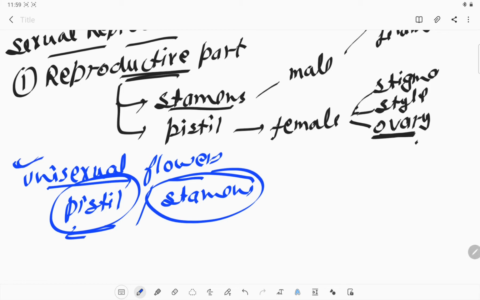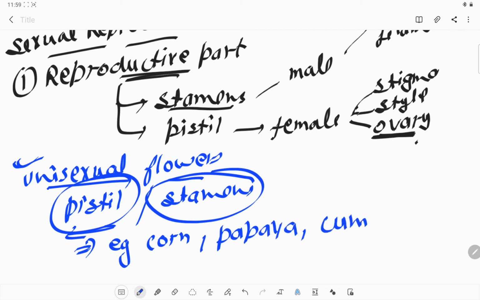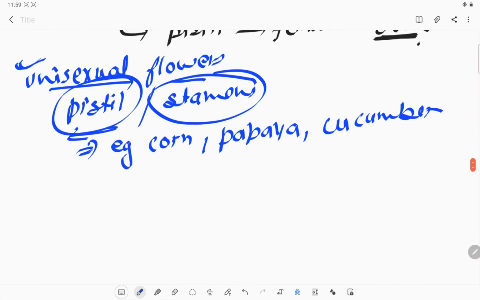That flower is known as the unisexual flower. For example, in case of corn, papaya, or cucumber, their flowers are of unisexual type, so they contain only the pistil portion or only the stamen portion.